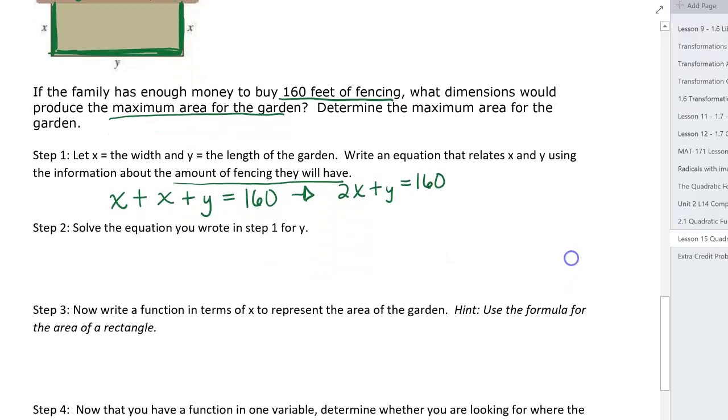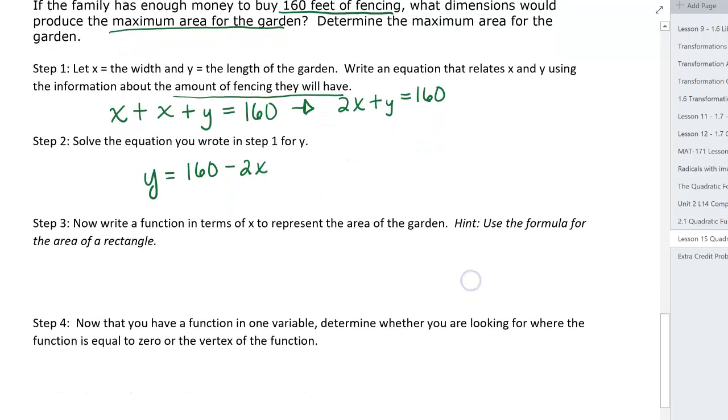Now what we want to do in step 2 is solve the equation we wrote in step 1 for y. So I'm going to subtract 2x from both sides, and that will leave me with 160 minus 2x. In step 3, we want to write a function in terms of x to represent the area of the garden.